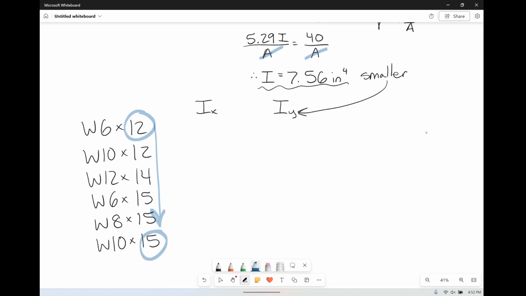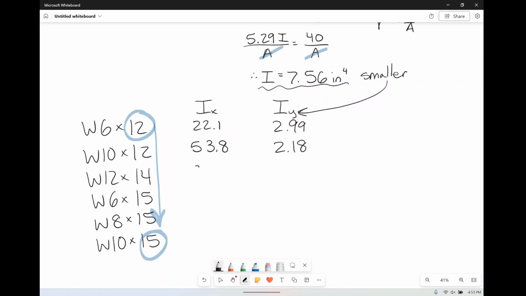So obviously, I'm hoping to start with the smallest one and work my way up. So I'm going to go to my steel charts, and I'm going to check out what my moments of inertia are for each of these members. For the W6x12, we have 22.1 and 2.99. For the W10x12, we have 53.8 and 2.18.